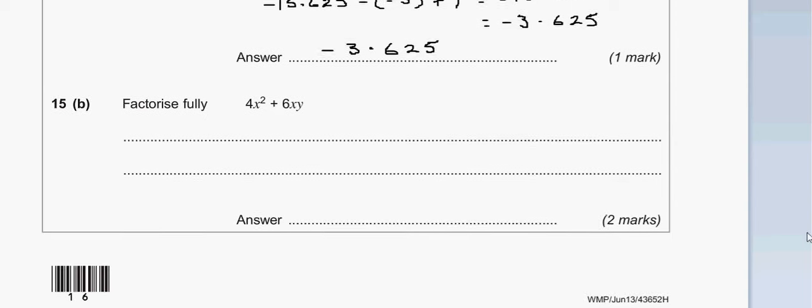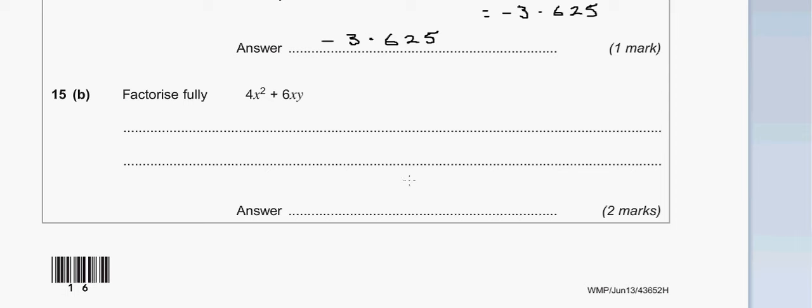Now we come to question 15b. Factorise fully. So we know that this is going to involve brackets. Okay, so we have numbers here that are related to one another. We have x's here that relate to one another, but we only have one y on one side.